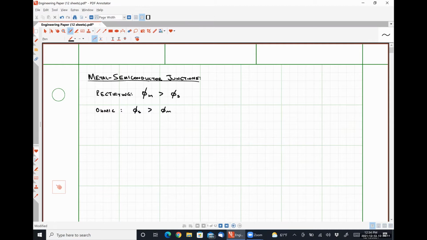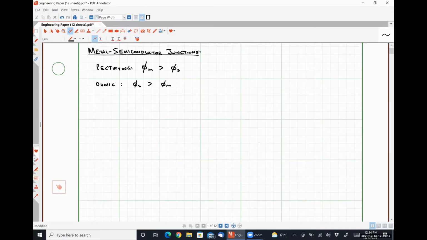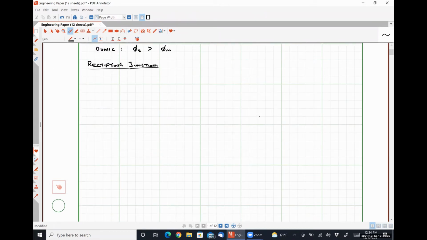Okay, so let's look at a rectifying junction first. Let's say that I draw the energy band structure of a metal and the energy band structure of a semiconductor.